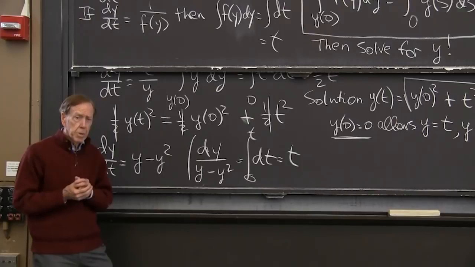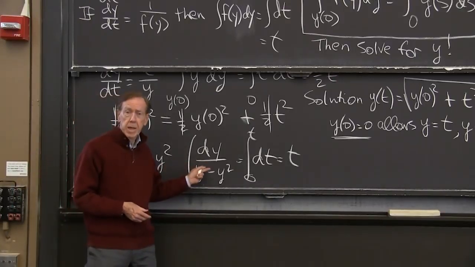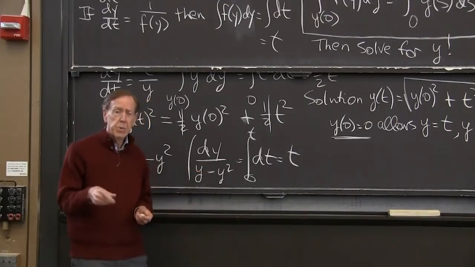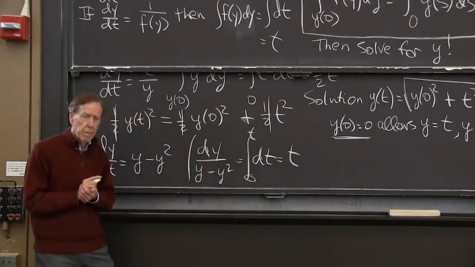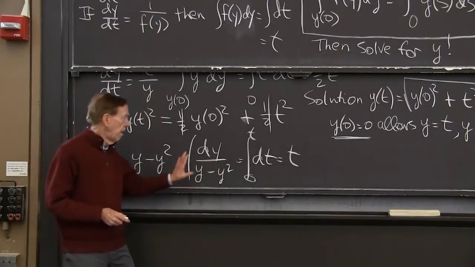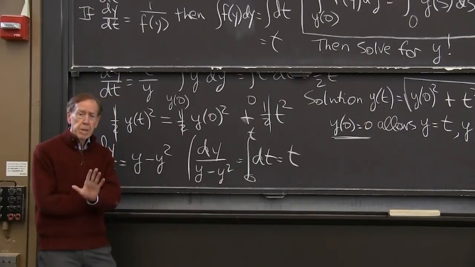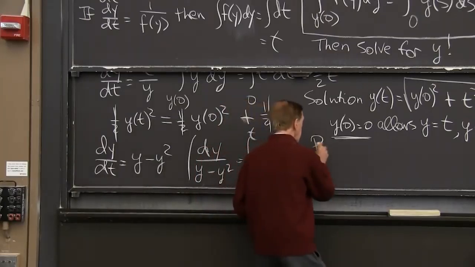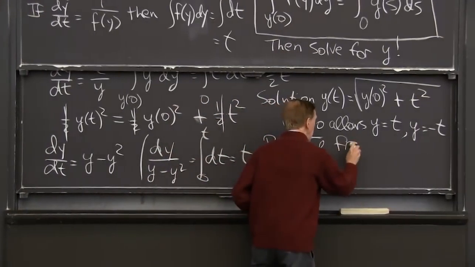There are different ways to do it. And the time that we'll really see this type of problem is when we discuss Laplace transforms. So I'm going to save the details of the method until then, but let me give the name of the method. The name is partial fractions, which is a method of integration.